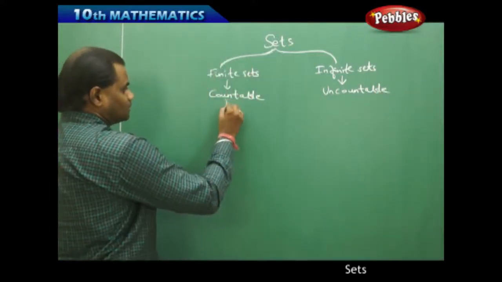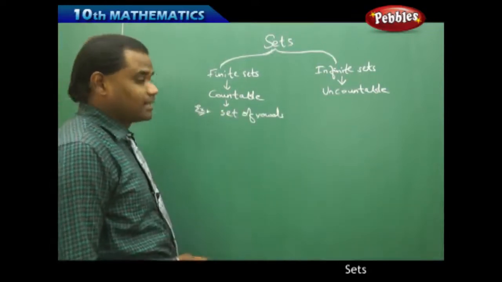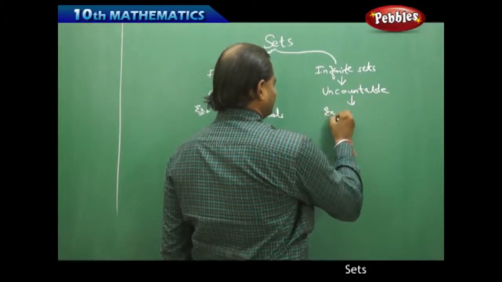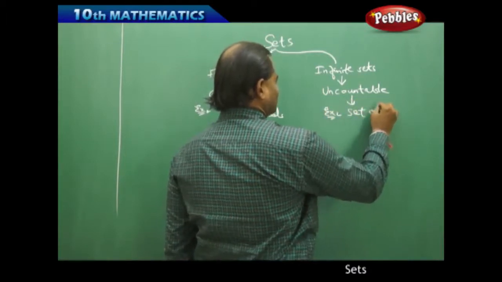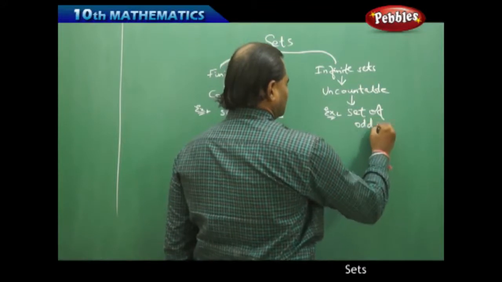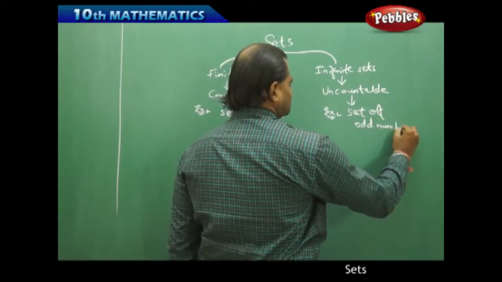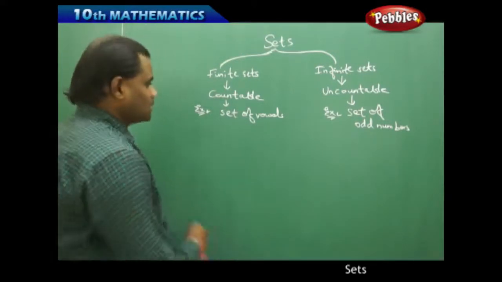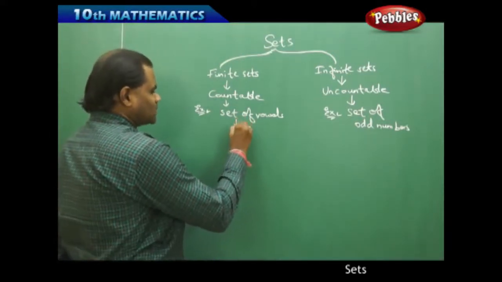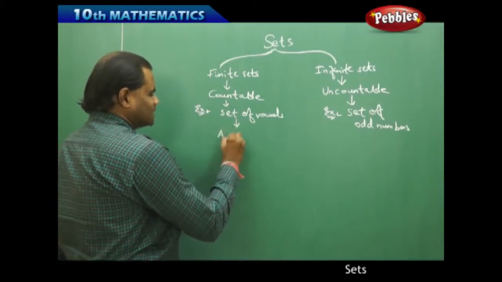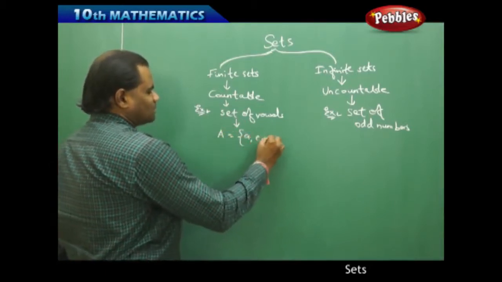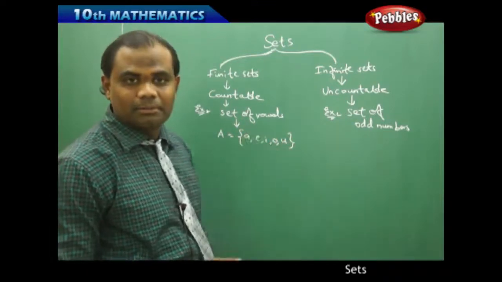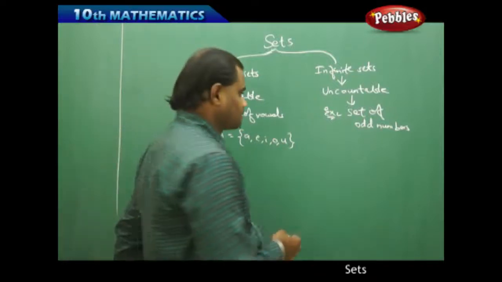Say for example, in this case I take the set of vowels and in this case I take the set of odd numbers. When I take the set of vowels, I can count them, which are 5 in number, and I can write the finite number of elements inside because they are countable.